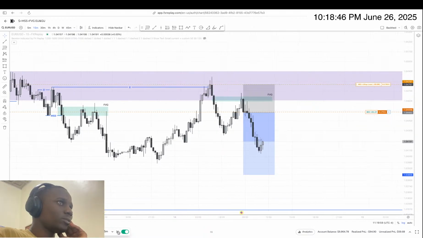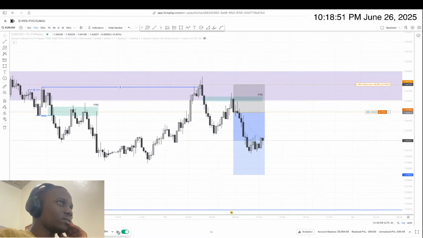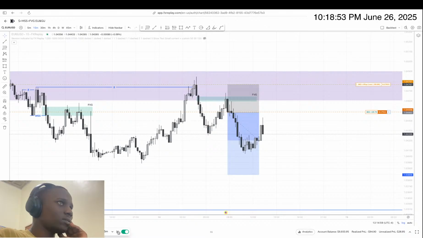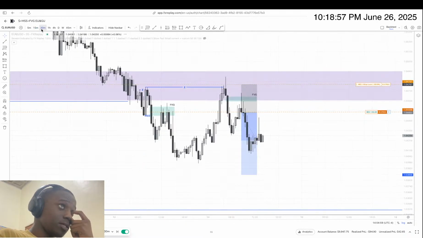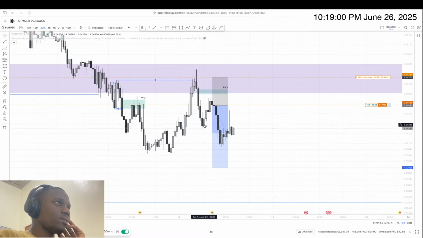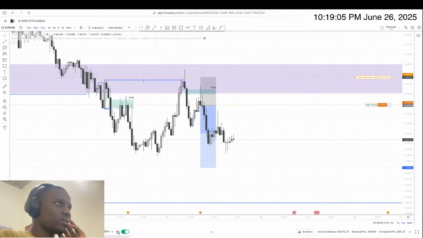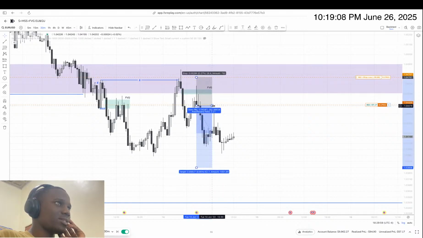So you can see that we're dropping nicely so far. And 30-minute gives a retracement into the gap and some kind of breaker, unicorn. And yeah, the session ends.